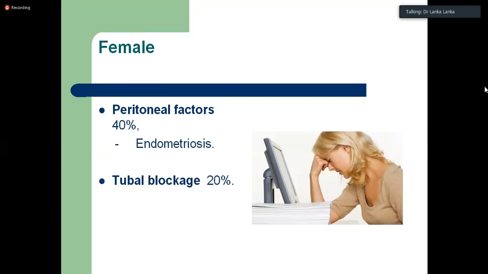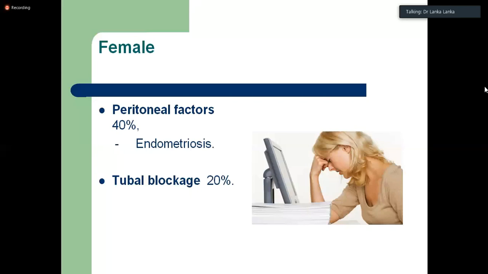So why do we talk about peritoneal factors? Because usually the gametes are released into the peritoneal cavity. So endometriosis and PID can cause poor quality gametes, and then subsequently they don't get conception.